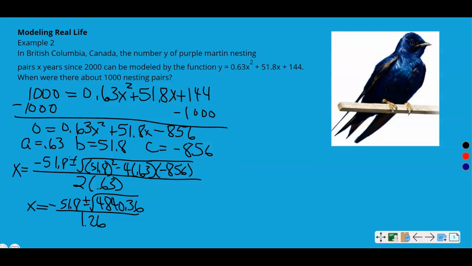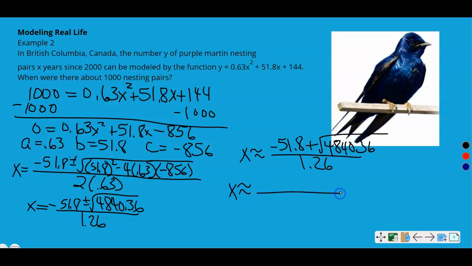So we're going to have x equals negative 51.8 plus the square root of 4840.36 over 1.26, and the other one, which is negative 51.8 minus the square root of 4840.36 over 1.26.